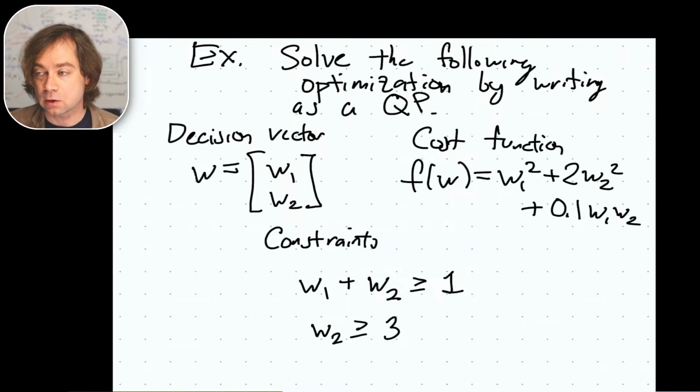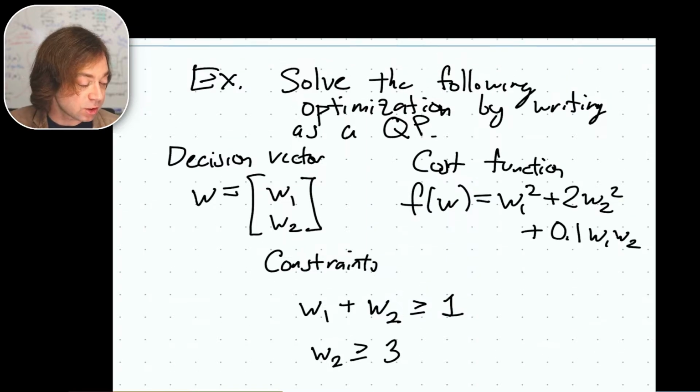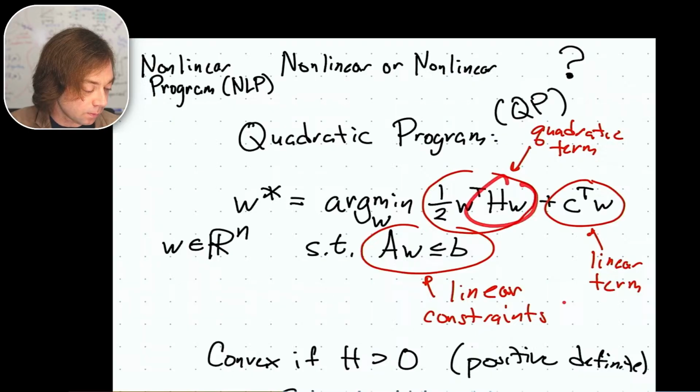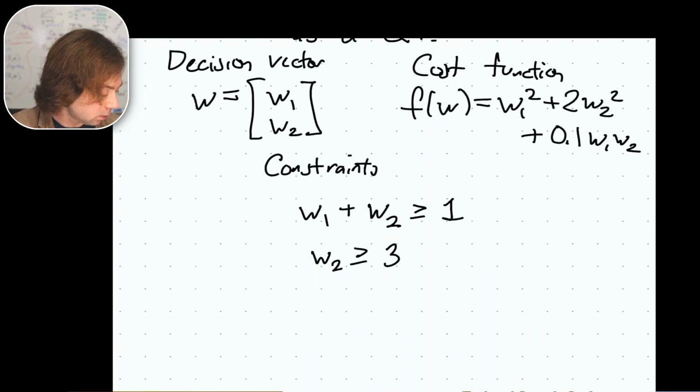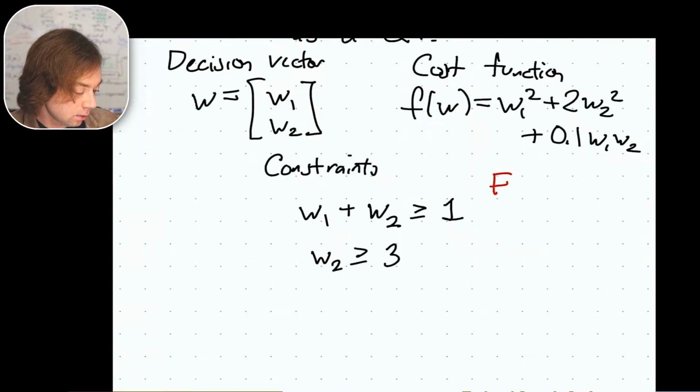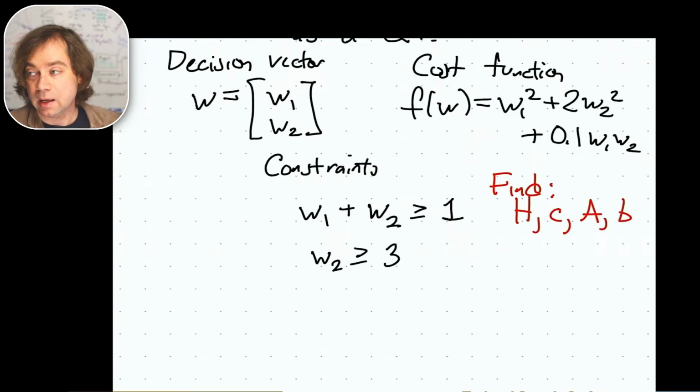Okay? It's still quadratic because it will still show up in this form. So what we need to find is H, C, A, and B.